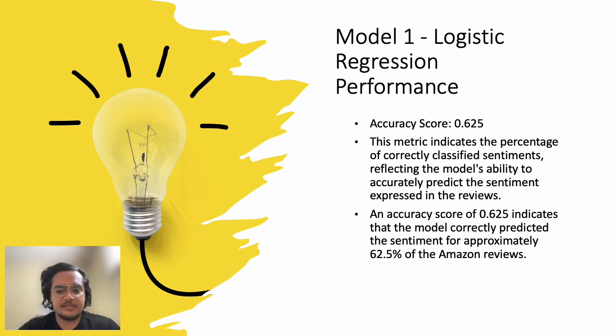By transforming our data into this numerical form, we were able to feed it into our logistic regression model for training. The logistic regression model eventually produced an accuracy of 0.625 on the testing data set, which is 62.5% on this Amazon review data set.